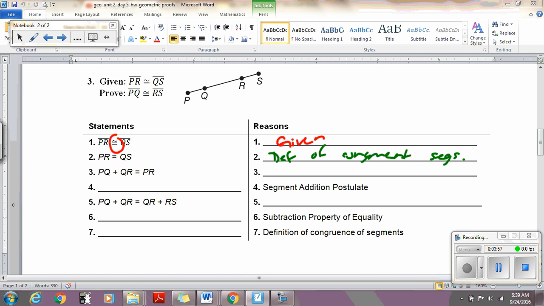All right, statement 3 says PQ plus QR equals PR. PR represents a whole, PQ represents a part, and QR represents a part. So this is an example of segment addition postulate.